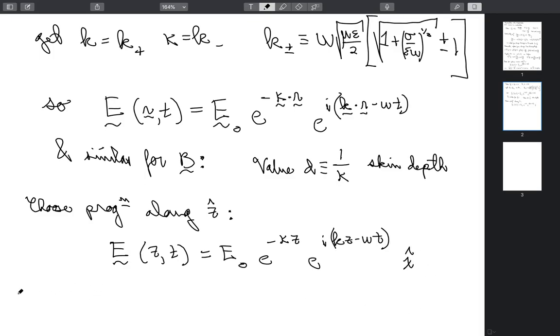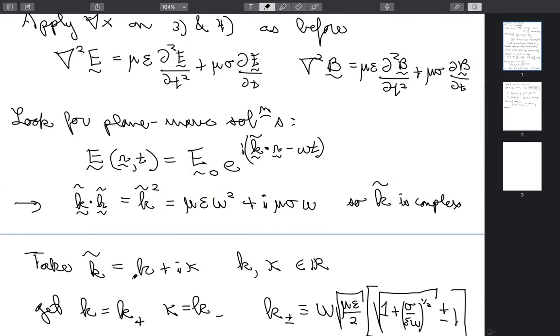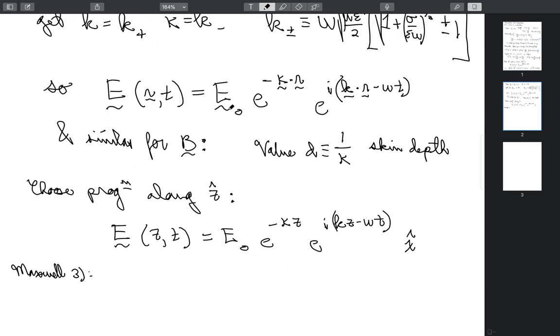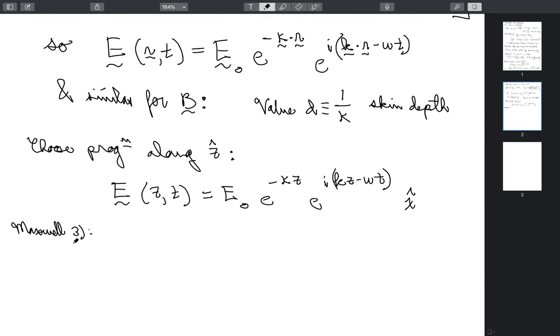Okay, so then Maxwell 3 gives us that, once again, so I'm just looking at the curl of E is minus the time derivative of B, so the time derivative is going to spit out some omega, this is going to spit out some k. Getting the directions right, you just have, as usual, that the magnetic field is also transverse to both the propagation direction and the electric field direction.